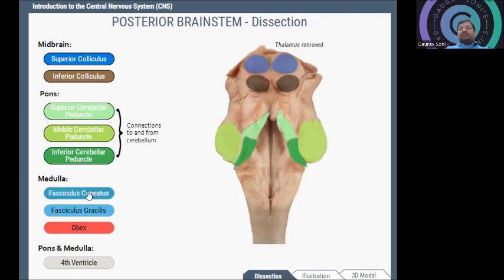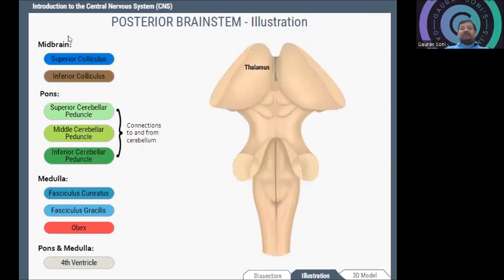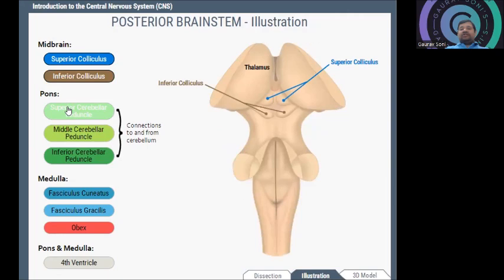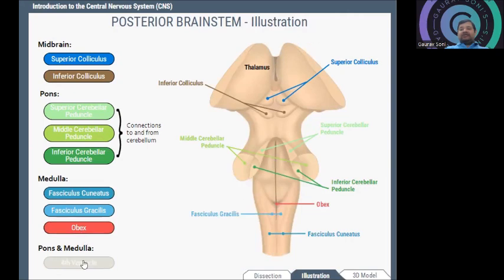Then in the medulla, the lower part, you can see fasciculus cuneatus, fasciculus gracilis, then obex, and in between pons and medulla, you can see the fourth ventricle. In the illustrative model, you can identify it again: superior colliculus, inferior colliculus, superior cerebellar peduncle, middle cerebellar peduncle, inferior cerebellar peduncle, fasciculus cuneatus, fasciculus gracilis, obex, then the fourth ventricle.